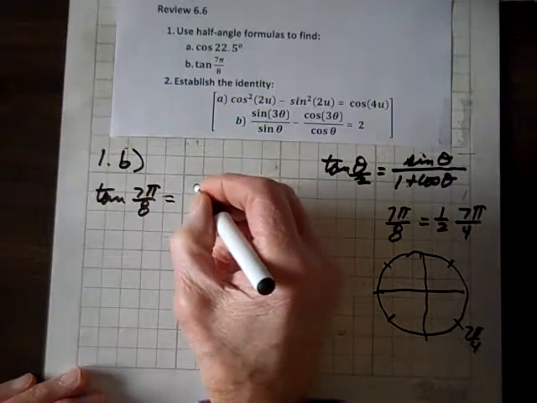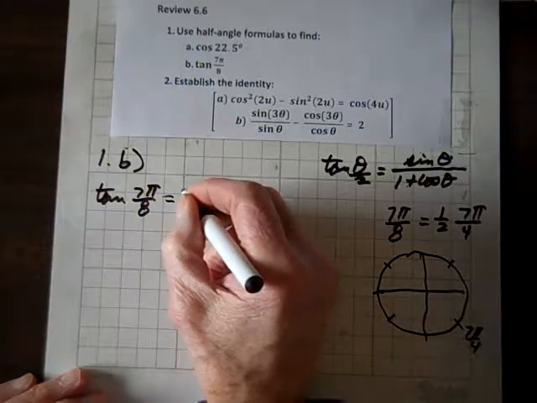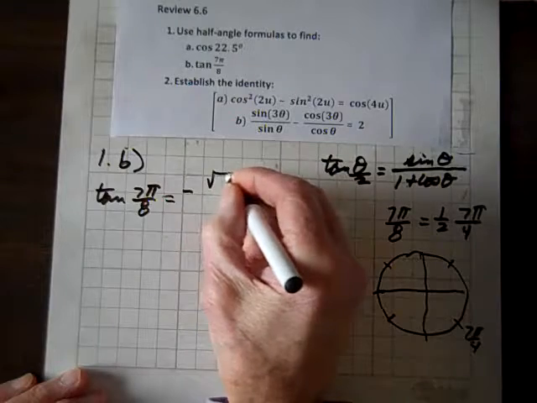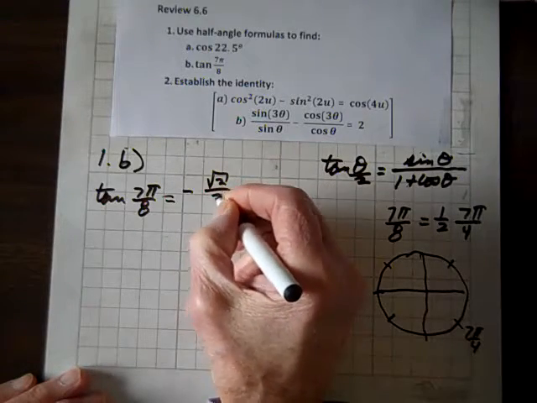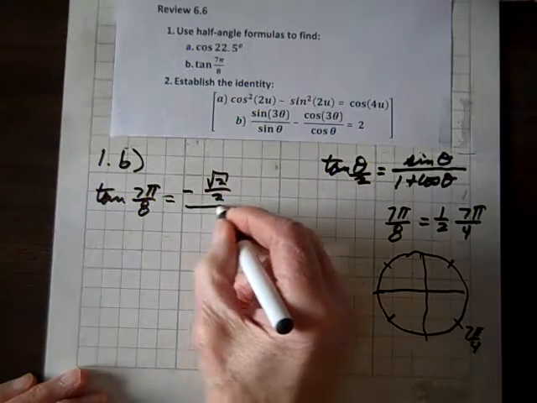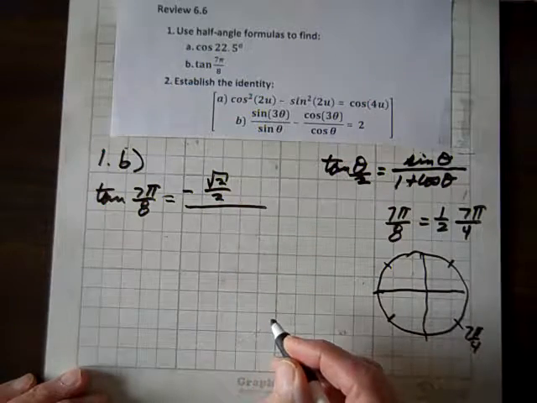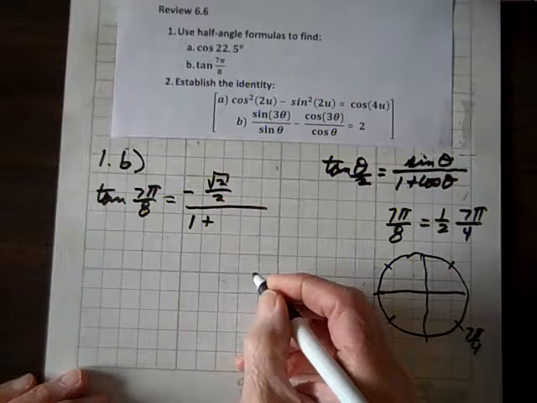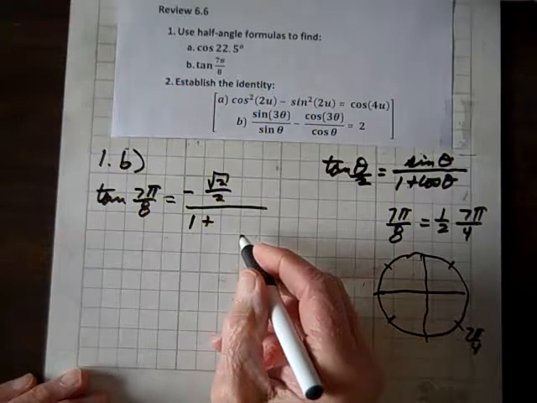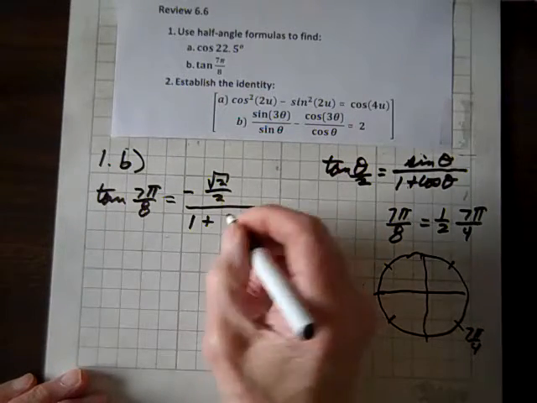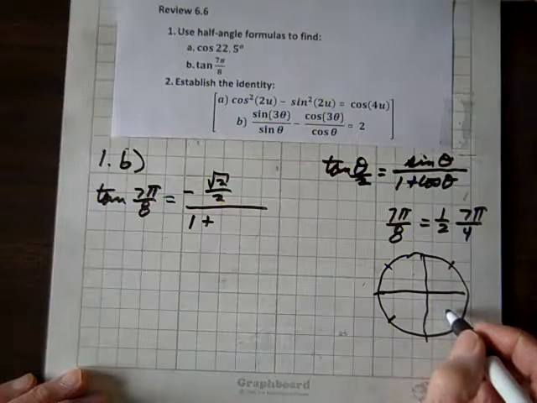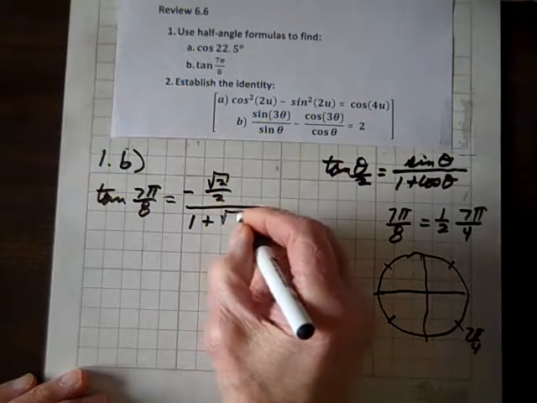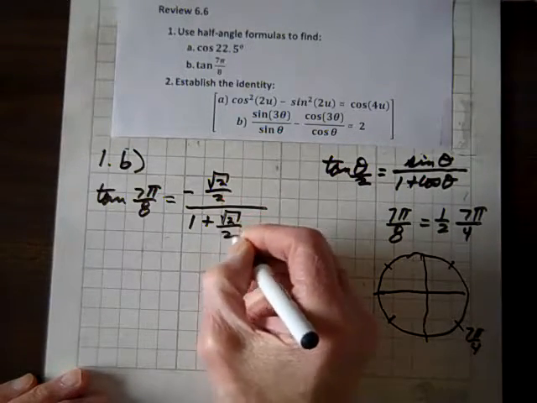Sine is negative in that quadrant, and that's going to be negative root 2 over 2 divided by 1 plus, and cosine of, in the fourth quadrant, is positive root 2 over 2.